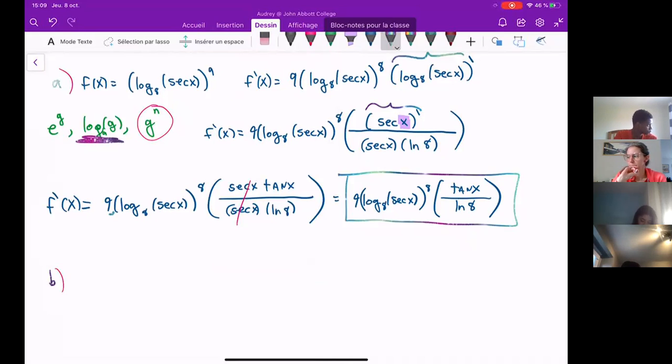Okay, so in this next question, we're going to touch on something that people usually struggle with a lot. When you have a trig function to a power, we want to start by rewriting it.